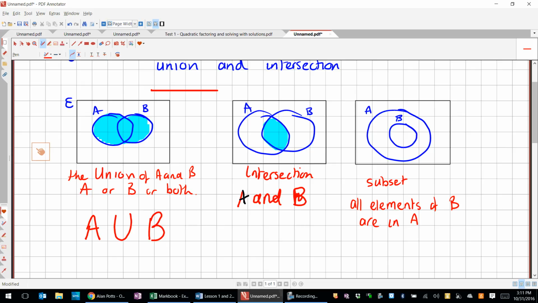It means you're allowed to select something from A or B or from both, depending on which way you're looking at it. Can you add the line to the U? Well, that's not actually the notation, it's just a nice curvy U. If you do, it doesn't matter. Don't worry about it if you have.